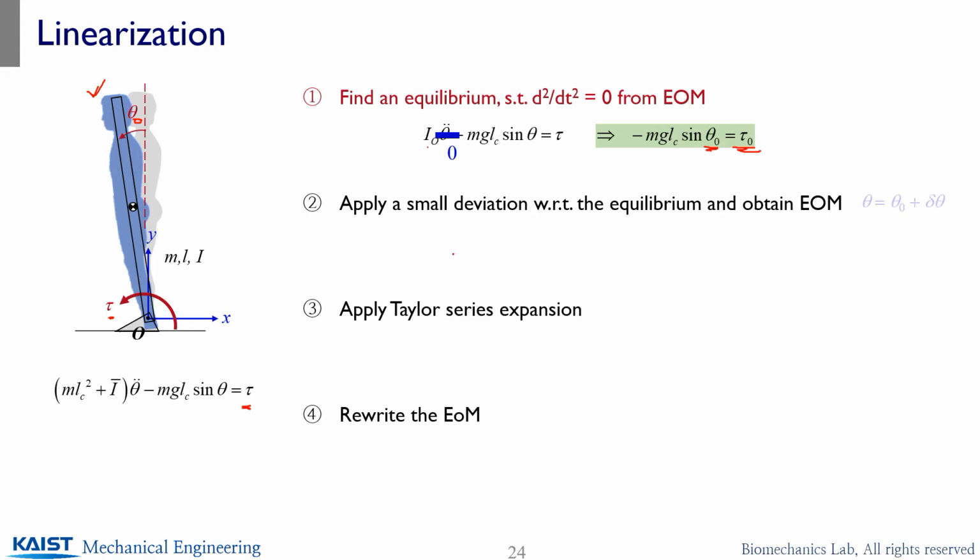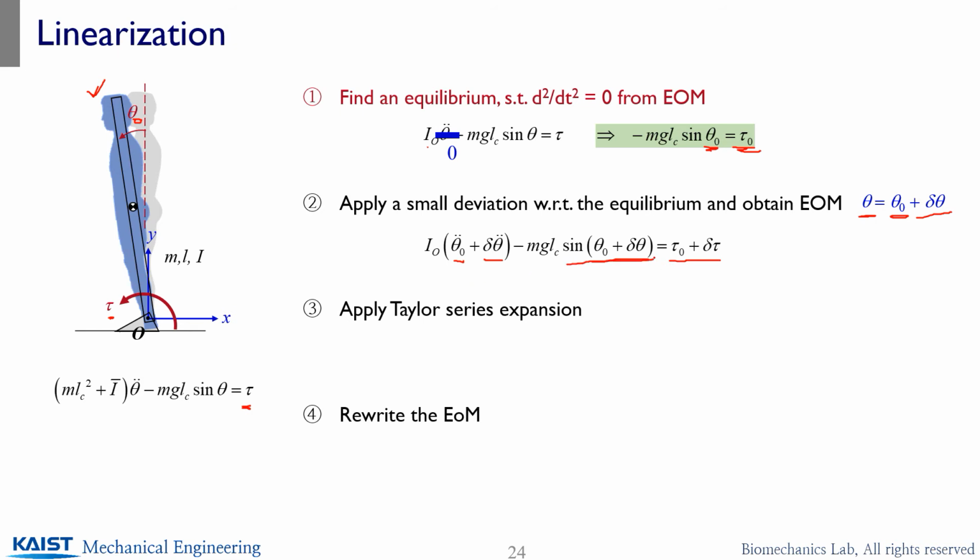Okay. Now, let's plug in theta as theta naught plus some deviation. From your original equation of motion, I will have theta naught double dot plus delta theta double dot, sine of theta naught plus delta theta, and torque naught plus delta tau.